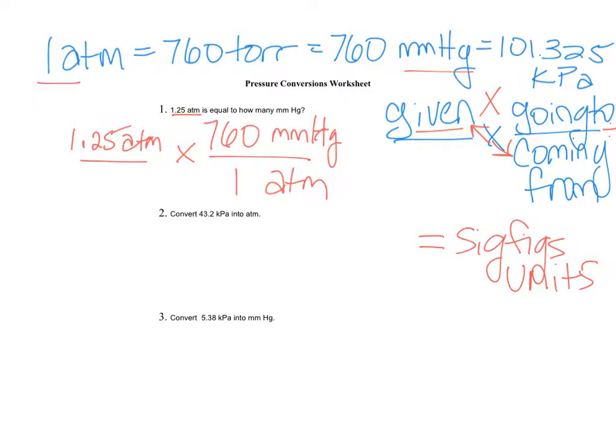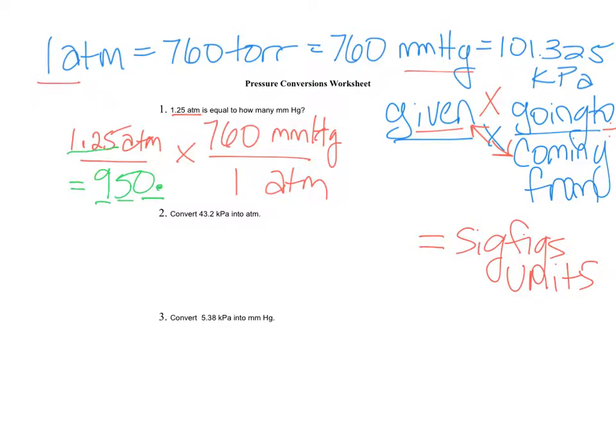1.25 times 760. Out of my calculator, I get the answer of 950. Okay, now with this, I need to look at my significant figures. 1.25 has 3 sig figs, so my answer needs to have 3 significant figures as well. That 9 is going to be my first sig fig, 5 is my second sig fig, 0 is my third sig fig.